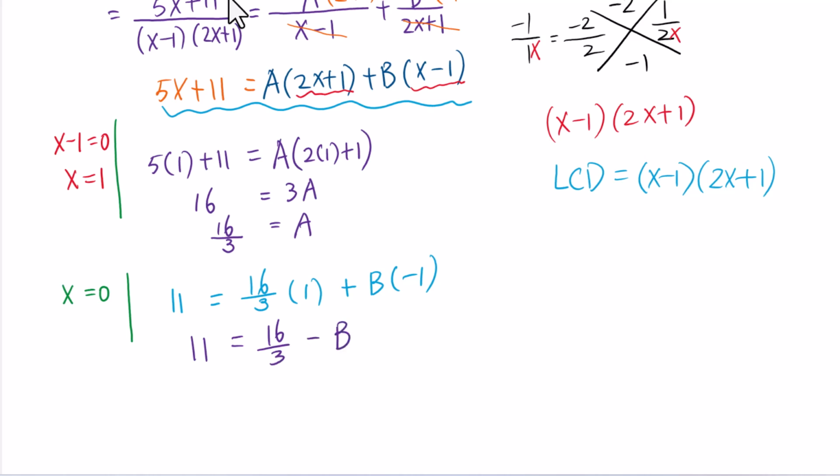Get rid of this denominator. 33 equals 16 minus 3b. Move 16 over and change sign. 33 minus 16 is 17 equals negative 3b. So b equals negative 17 over 3.